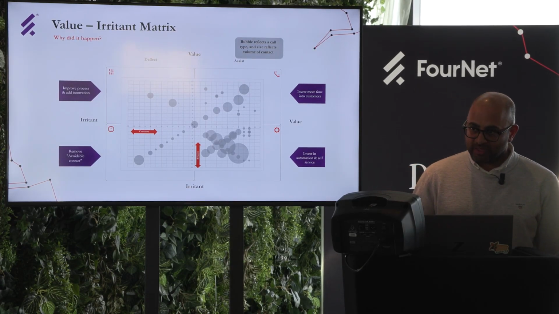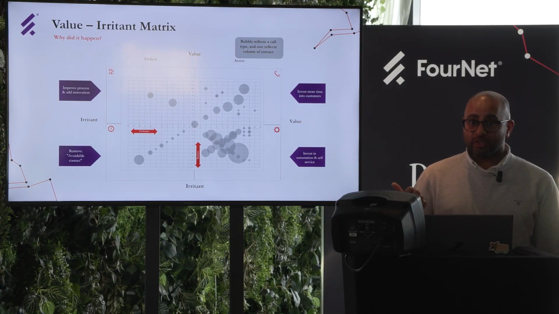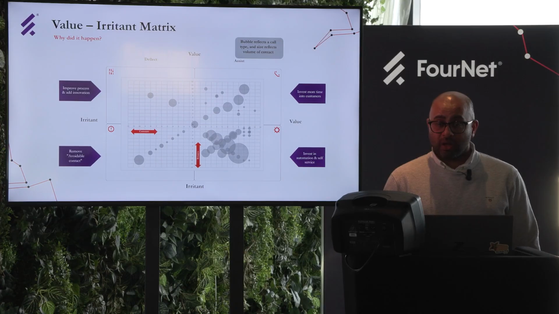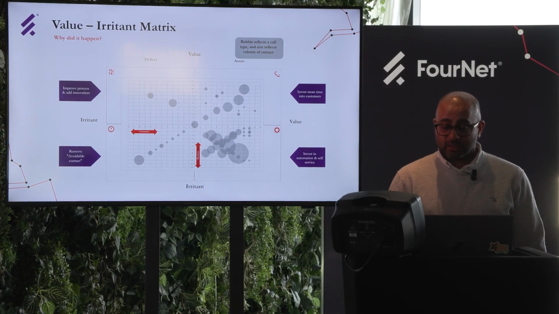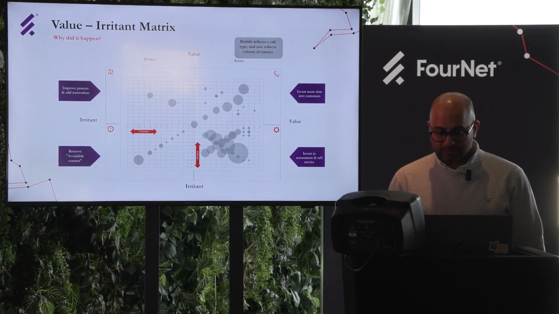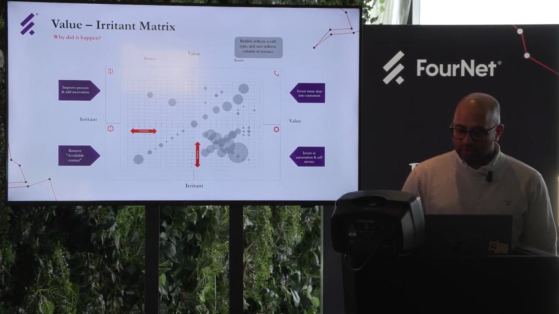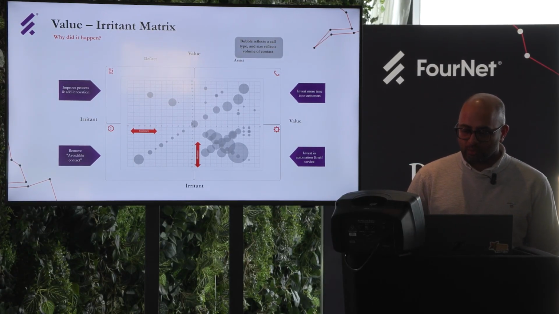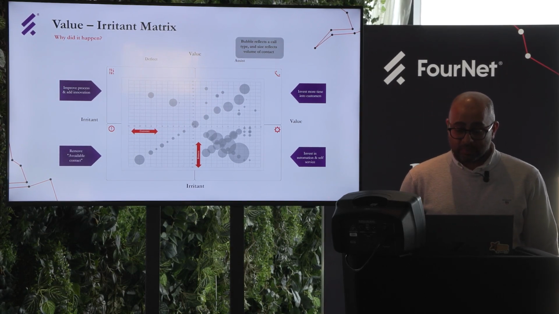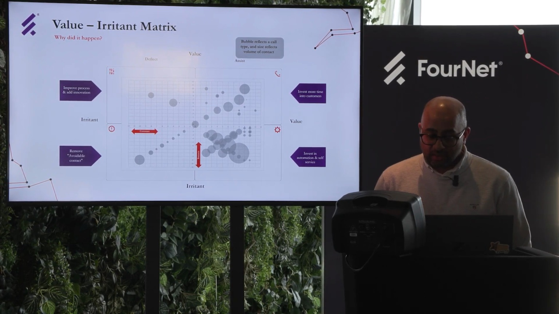I'm not sure if you've seen one of these before, but it's a value irritant matrix. What we do with this is we score every contact type against whether it is a value or irritant to the customer, and the same again for the business. Depending on the scoring, you get put into one of these four quadrants, one of these four categories. And for this client, we could automate 60% of their contact.